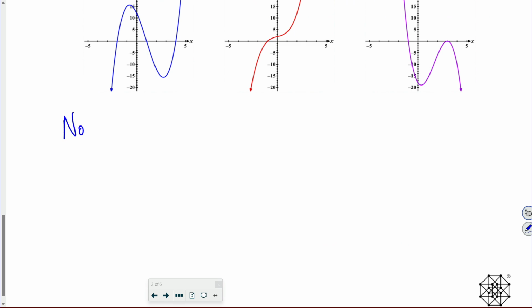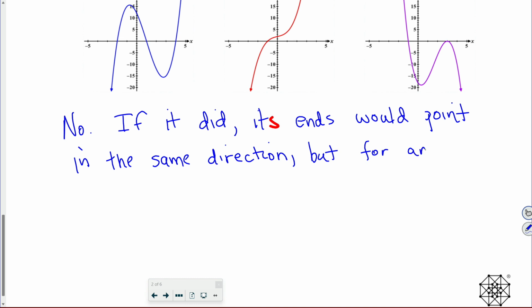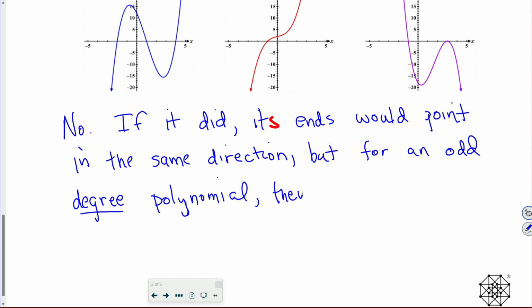So no. If it did, its ends would point in the same direction, but for an odd degree polynomial, they must point in opposite directions.